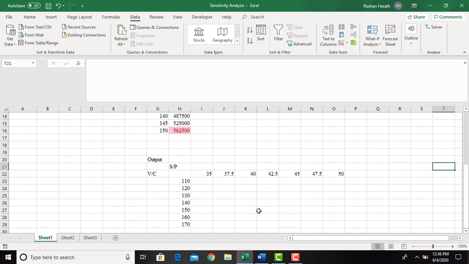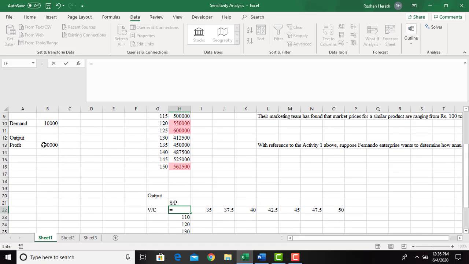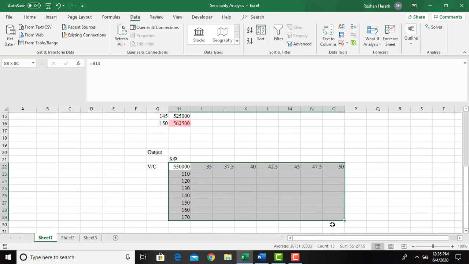Now what you can do, you can place the output in the upper left corner. So take equal and go to the basic model and take the output. Say okay. Now you may take this, select the entire thing, and you can go to the data, the forecast section, what if analysis, data table.